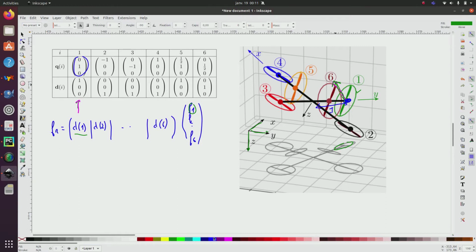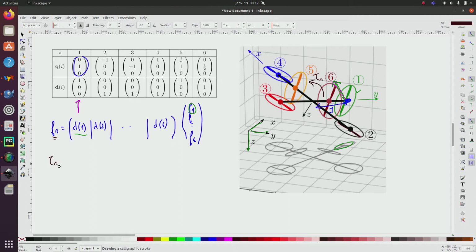What about the torque? The torque is what creates the rotation of the hexarotor. So I will write the torque also in the robot frame, the body frame, and this one was also given in the body frame, of course.